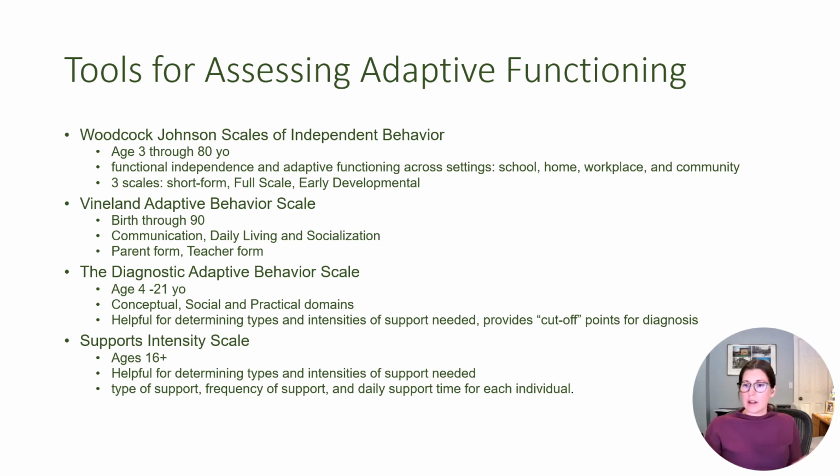But increasingly our field is relying upon more standardized assessments to help supplement the clinical interviewing that we do. And so I wanted to go over a few tools that can aid or support us in making determinations about how impaired a person's adaptive functioning might be.